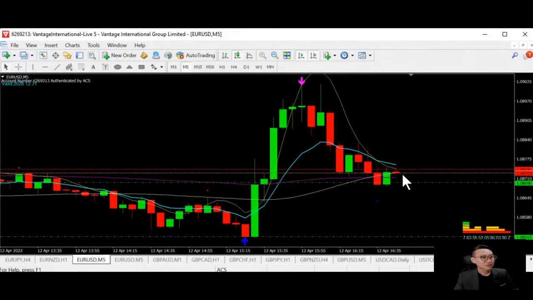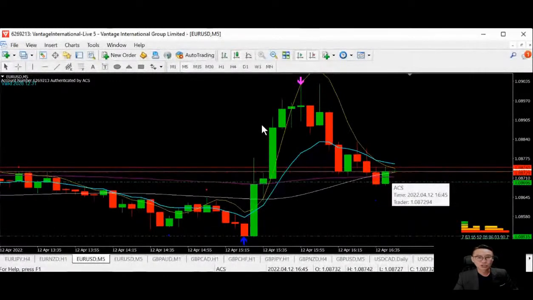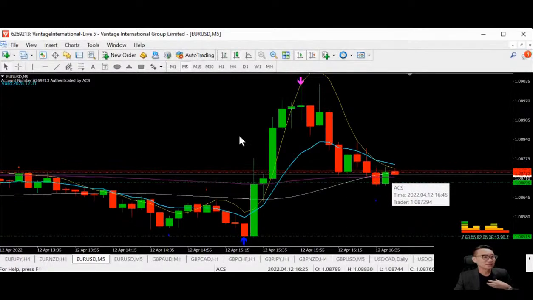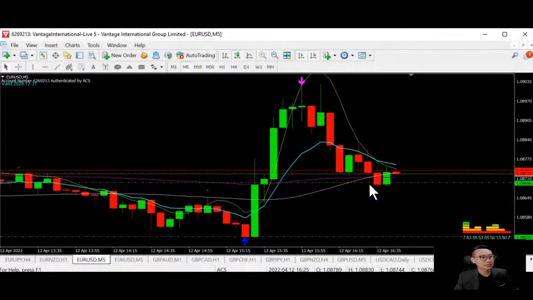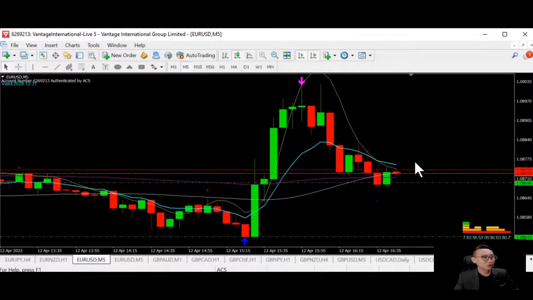Just nice, it opened above the support. Of course, this is not really good. I've entered this trade myself, so I'll be looking out for another lower resistance, hopefully, because the support became the resistance over here.